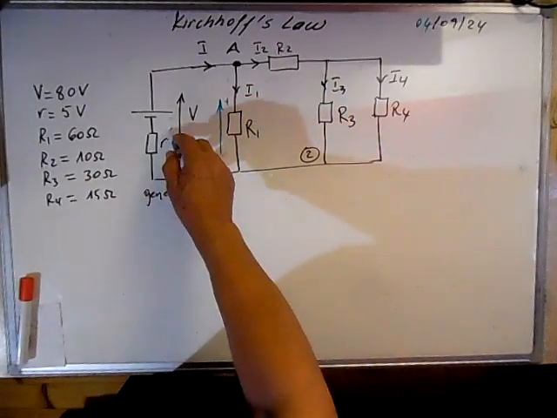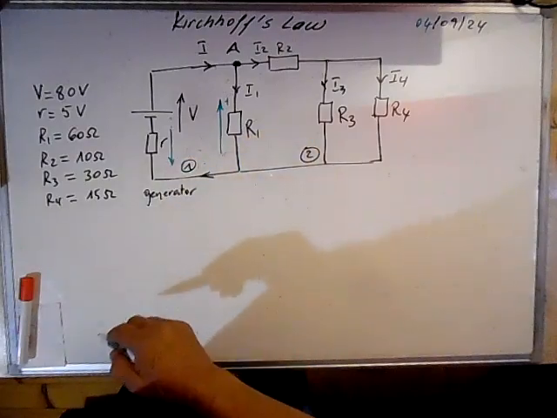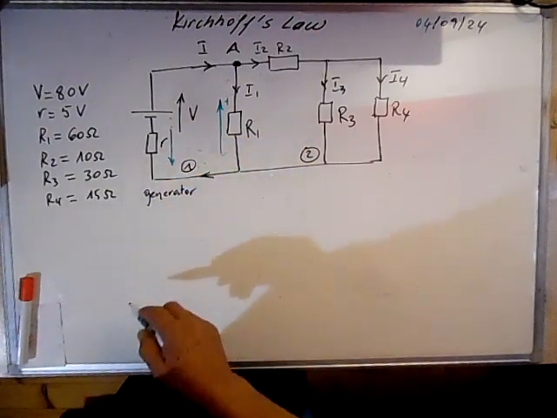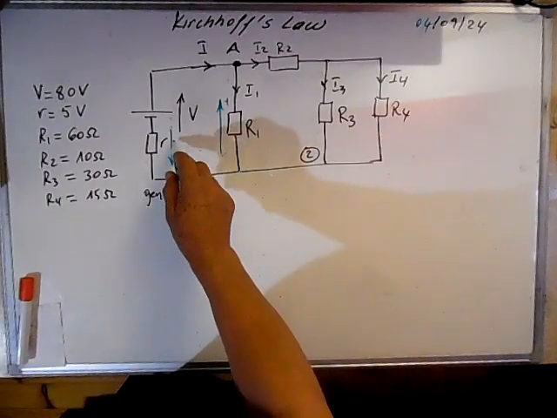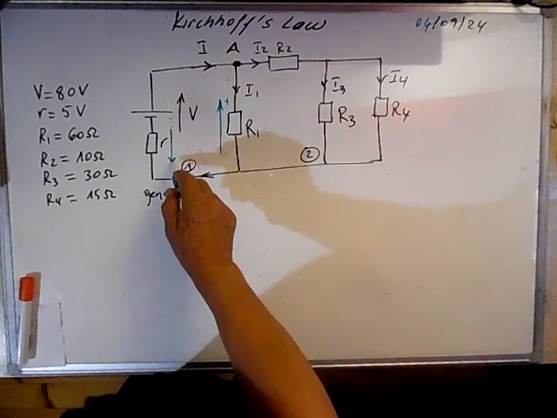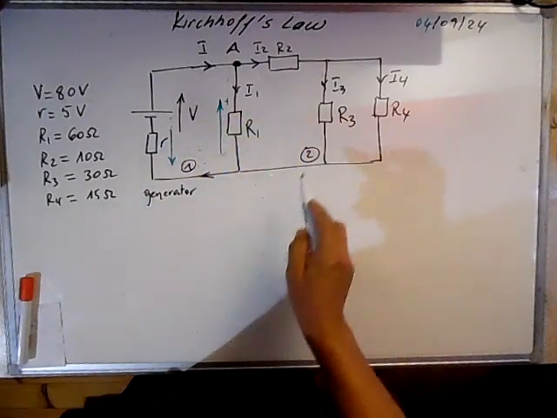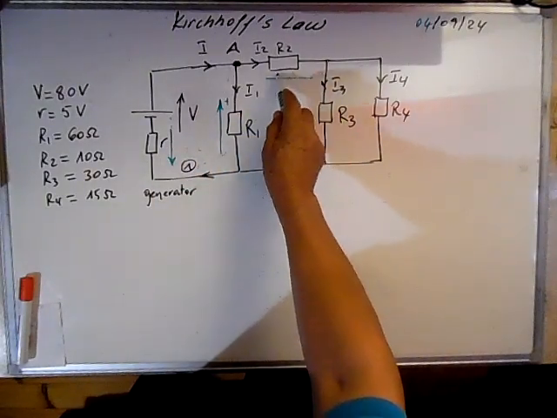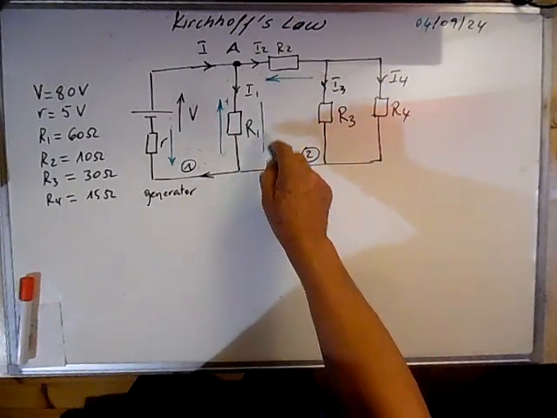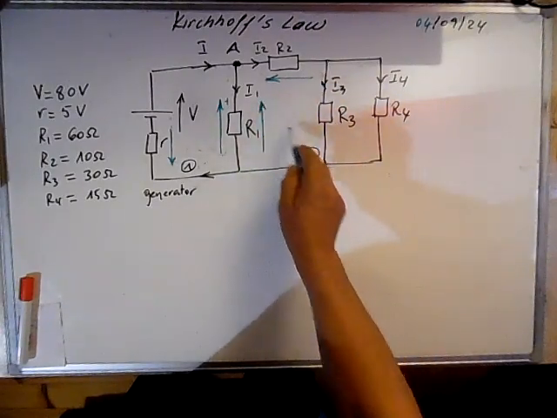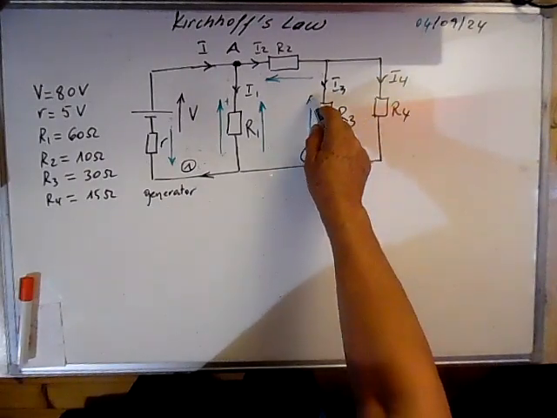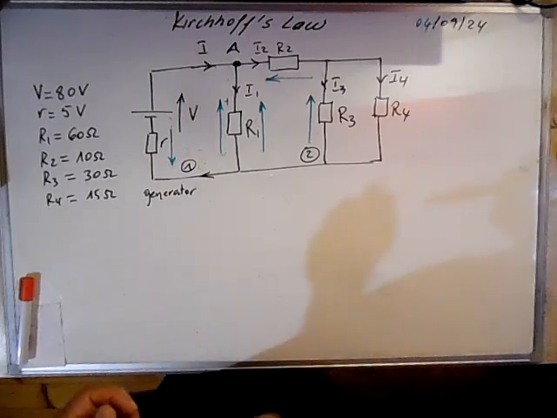Here the current flows this way, so the voltage drop in this generator is this way, so the current flows from the highest to the lowest. Here same thing, here the same in this direction, and in these two resistors it's in this direction.